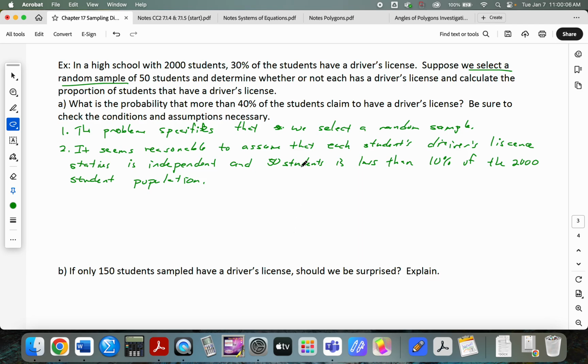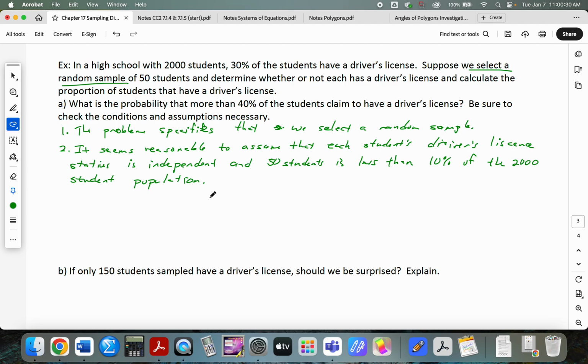The 50 students is less than 10% of the 2,000, I thought that's what makes it reasonable to assume that it's independent. So yes and no. One of the things you check is that you don't have too many, because having too many will cause it not to be independent, but it's possible they're not independent for other reasons.